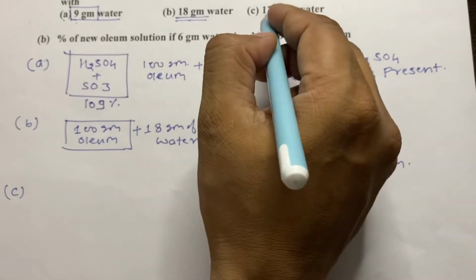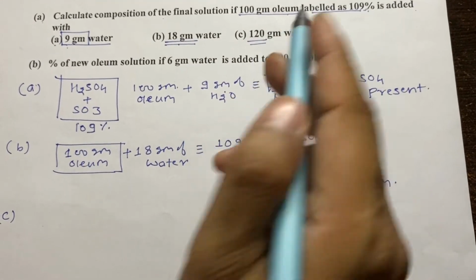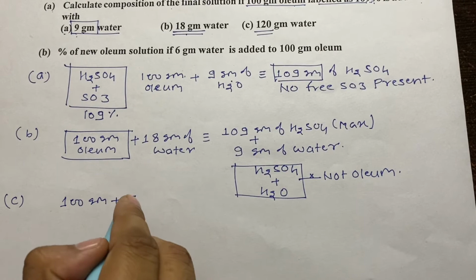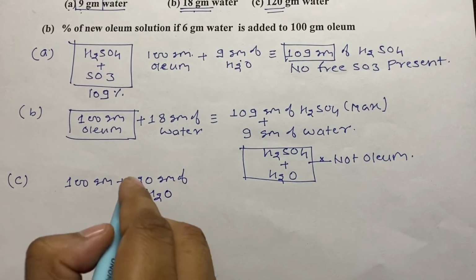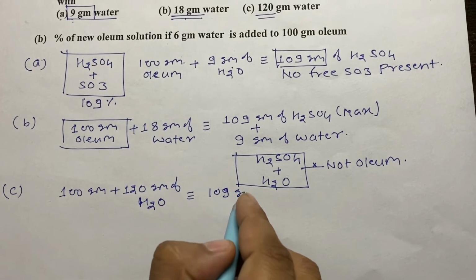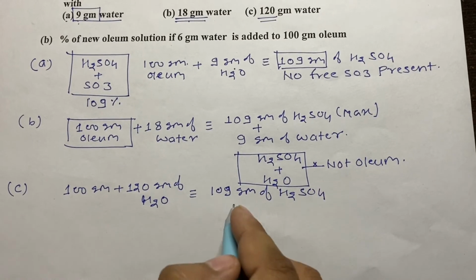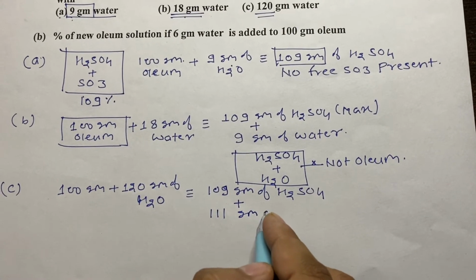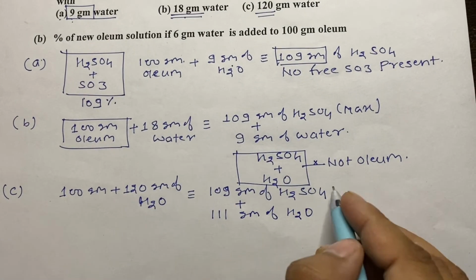We can take the C part of this. We know that the required amount of water is 9 gram and we are adding 120 gram of water. So now this 100 gram of oleum, and now we are adding 120 gram of water. Obviously an excess of water we are adding, so definitely as per the labeling, maximum 109 gram of H2SO4 will be formed and the remaining 111 gram will be H2O.